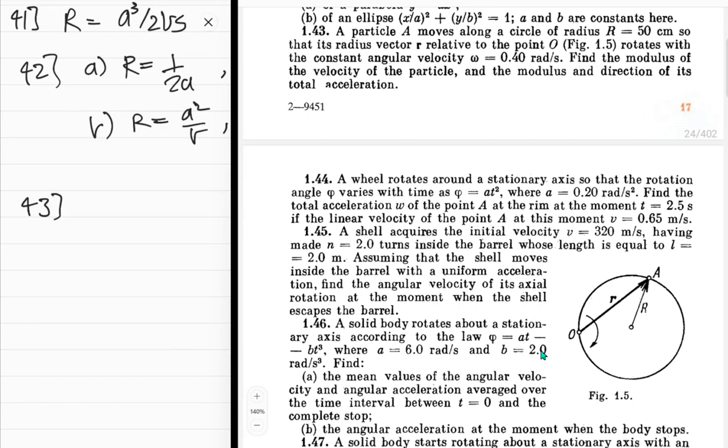Okay, it rotates with a constant angular velocity, you are saying. Huh. This is weird. And the modulus of the direction of its total acceleration.